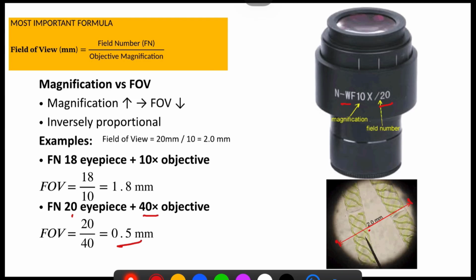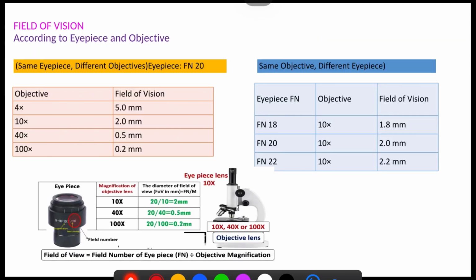So how can you identify the field of view? Here you can see if the field number is 20 but the objectives are different, then the field of vision will change. For 4x it is 5, for 100x it is 0.2.